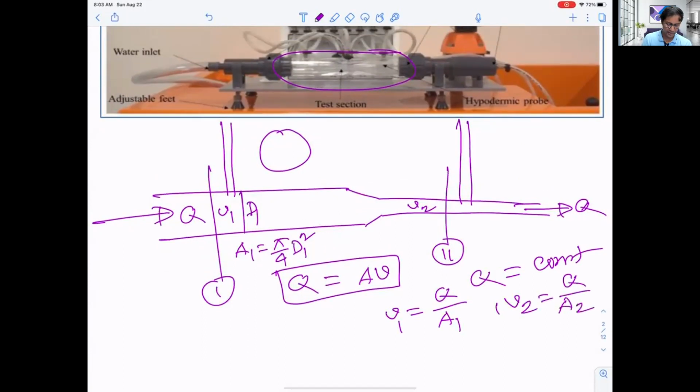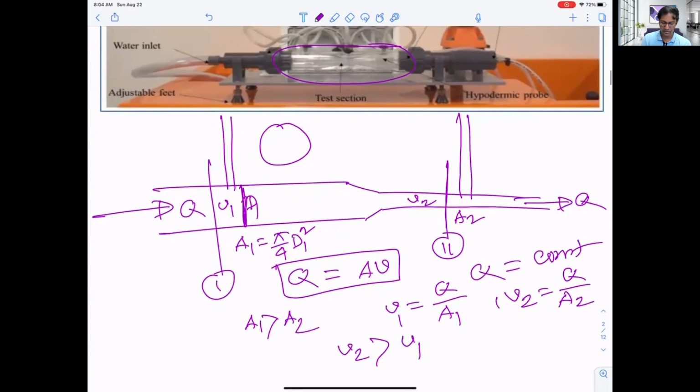Since the diameter is higher at section 1, the area will be higher. A1 is greater than A2. Then definitely V2 will be greater than V1.